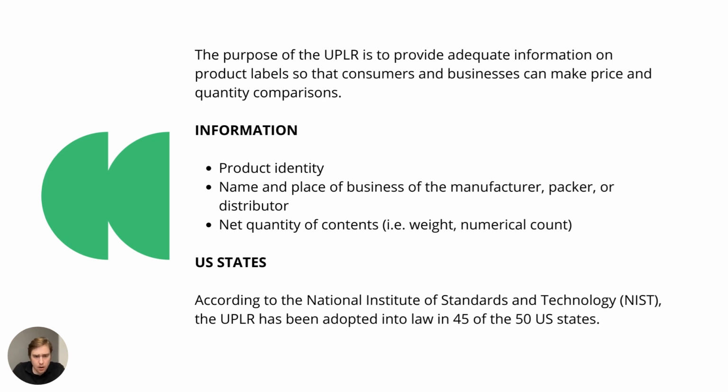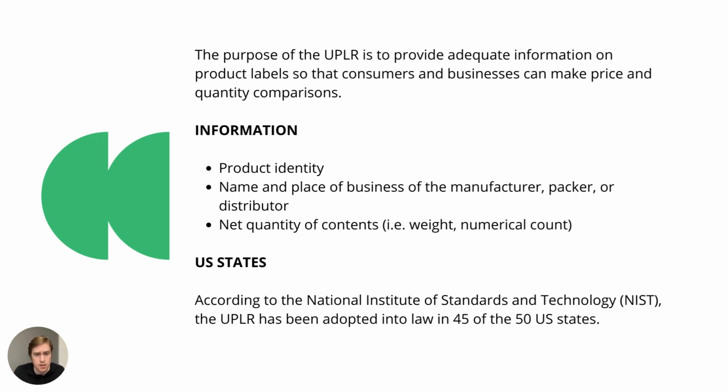Instead, the UPLR is published by NIST, the National Institute of Standards and Technology, and they publish a handbook each year. I think the latest one was released very recently, in January of 2023, and this is recorded in February 2023. My understanding is that they publish an updated version of this handbook every year.